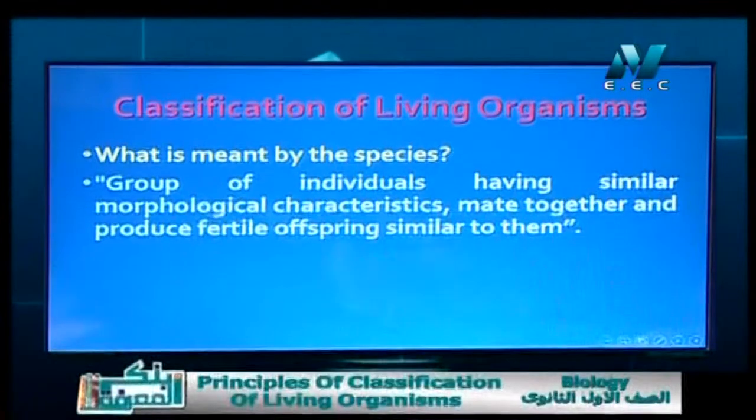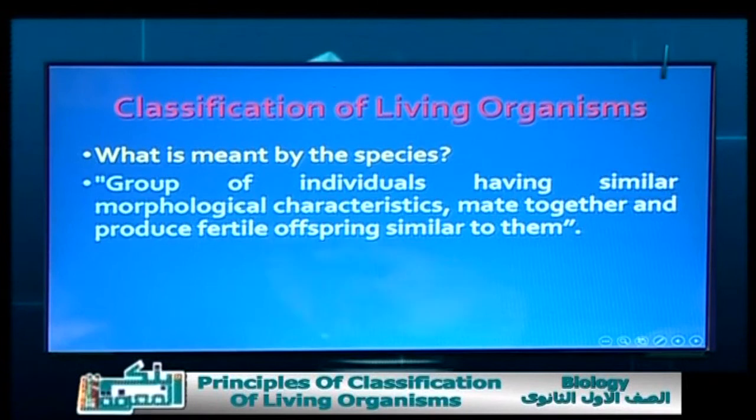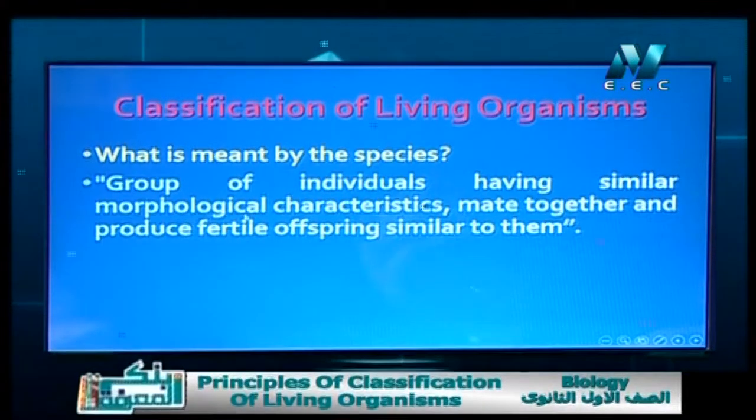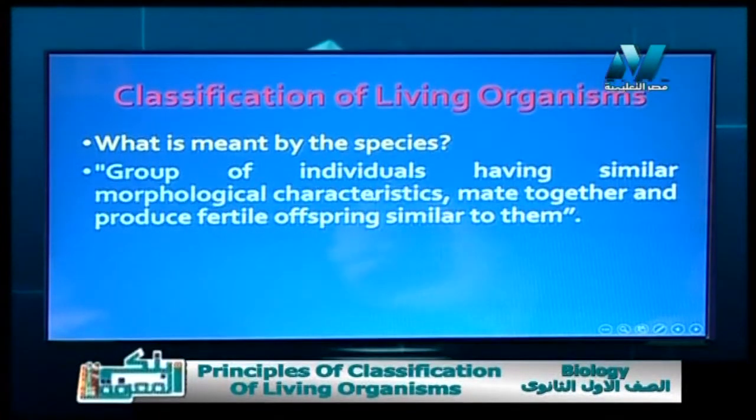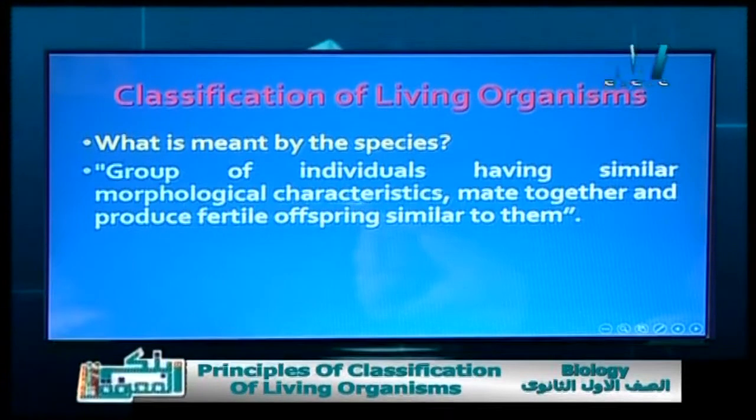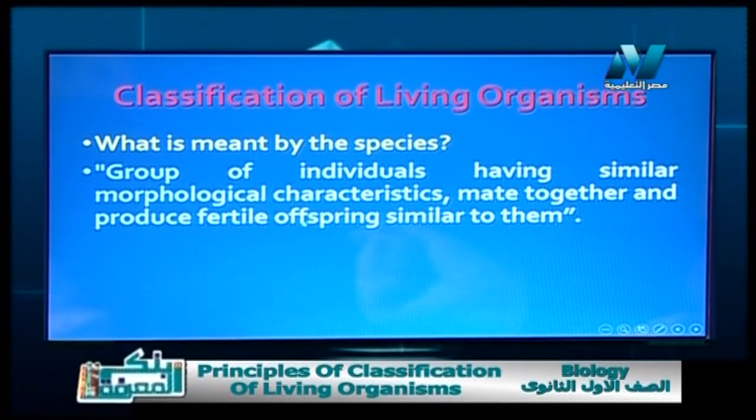And also the birds. The birds are covered with feathers, and they have a beak, two legs, two wings, and they lay eggs. So these are the external or morphological characteristics. And these individuals in the same group can mate together and produce fertile offspring similar to them.